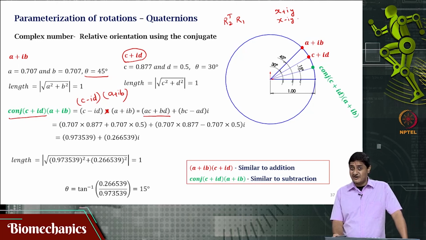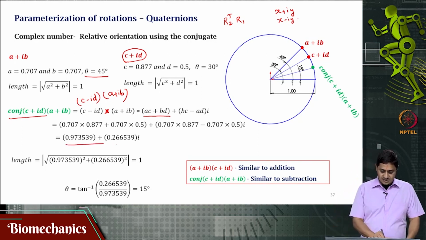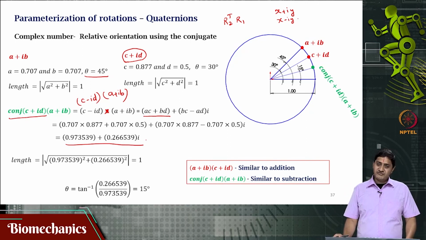Remember that this is different from what we did previously, because here I am not multiplying a plus ib and c plus id, rather I am multiplying c minus id and a plus ib. When I do that, I will get this complex number, and if I find the theta as tan inverse of b by a, I will get 15 degrees.